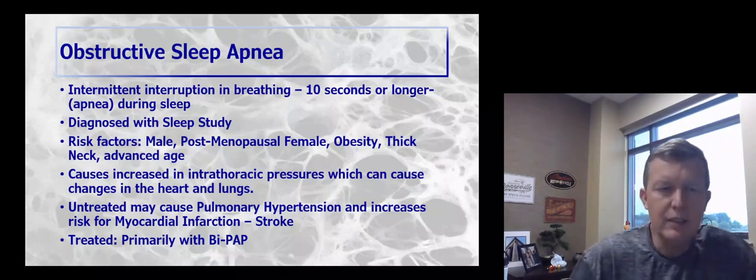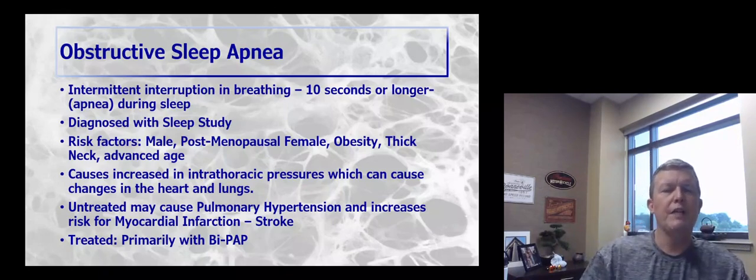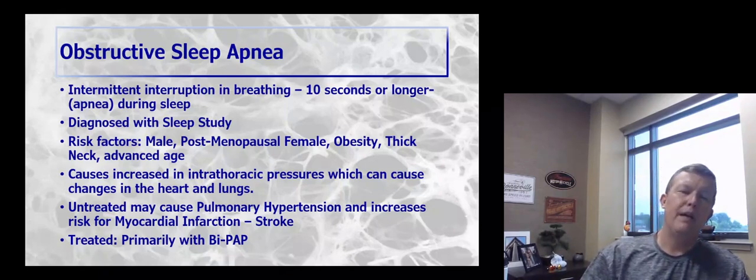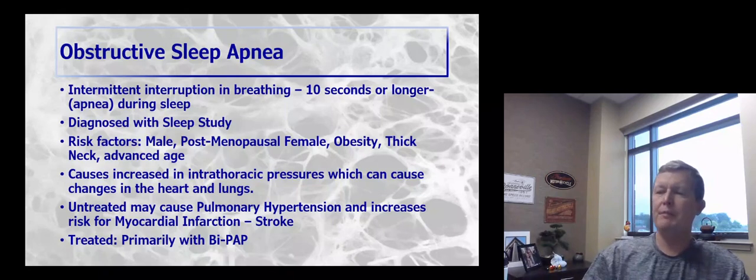As we advance in age, the muscle tone of the upper airway starts to lose its tonicity. That can also contribute to sleep apnea. And as being male is a risk factor, postmenopausal females have a higher risk, again, possibly related to the decrease in estrogen secretion after menopause.